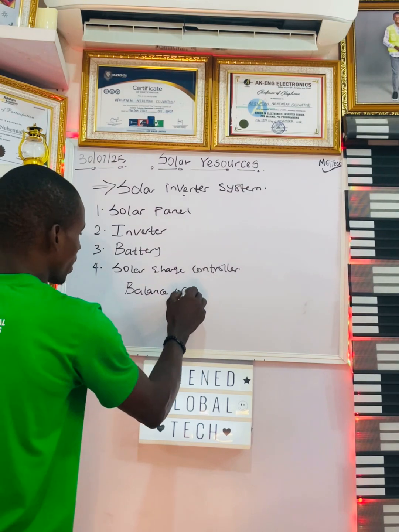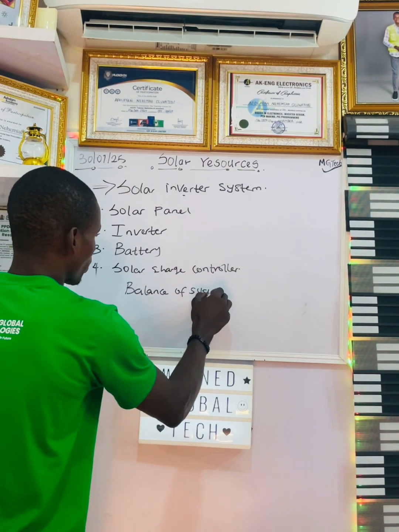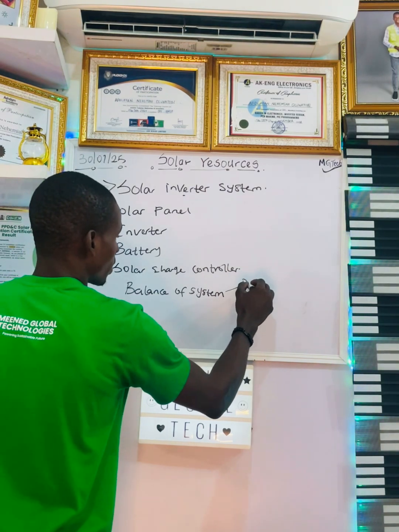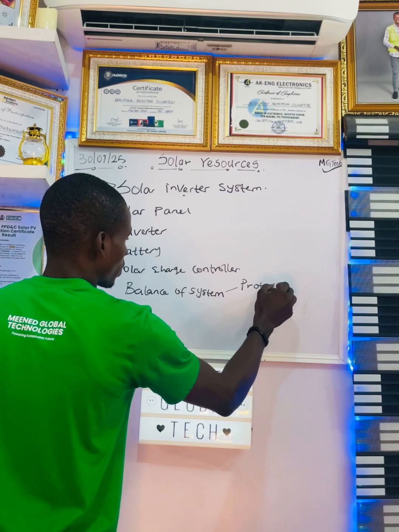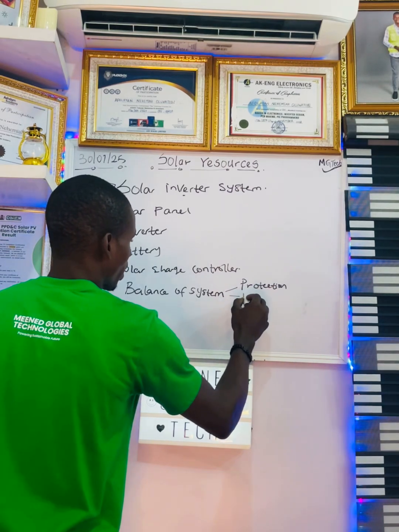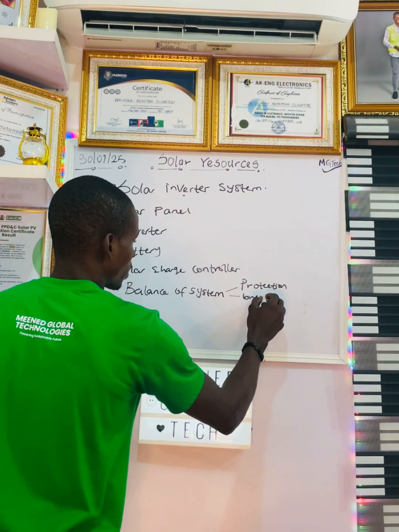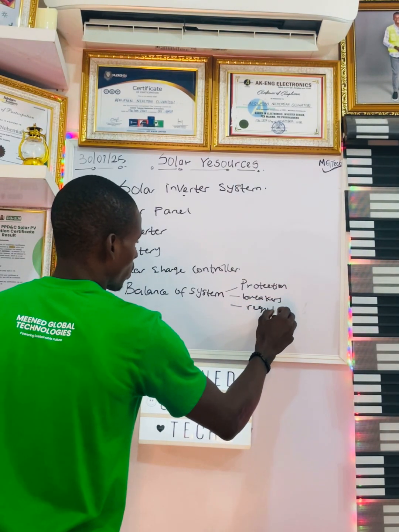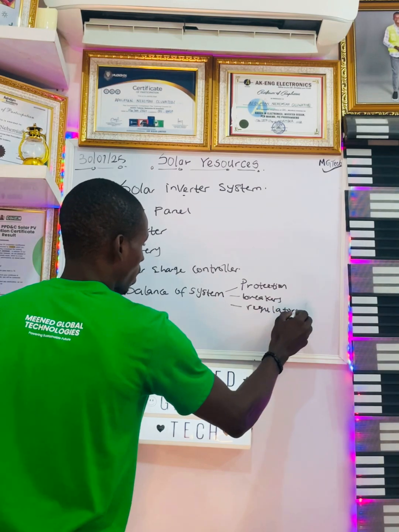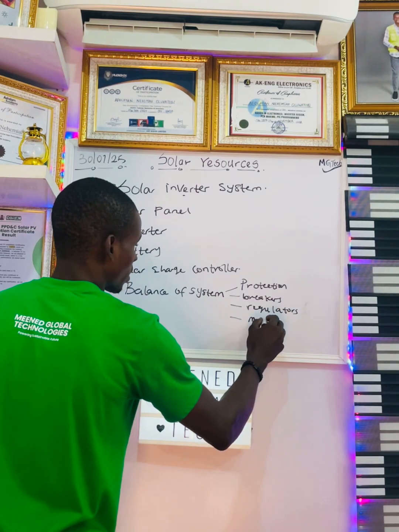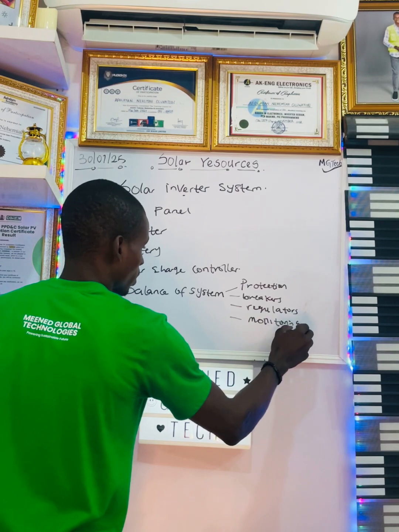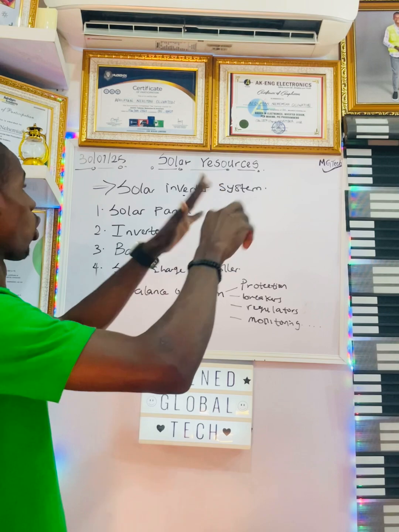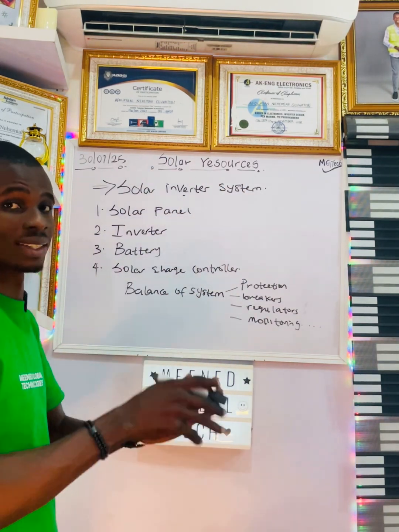When we talk about the balance of system, we talk about the protection devices, the breakers, the regulators, the monitoring devices, and diverse other components that make up a whole solar inverter system.